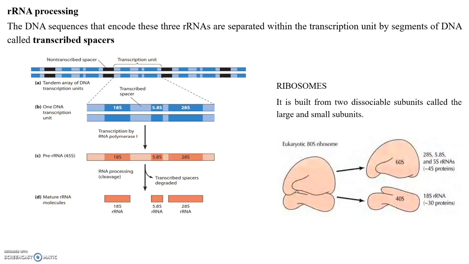Ribosomes are built from two dissociable units called large and small subunits. That is, the 60S and 40S units are put together to form an 80S ribosome.